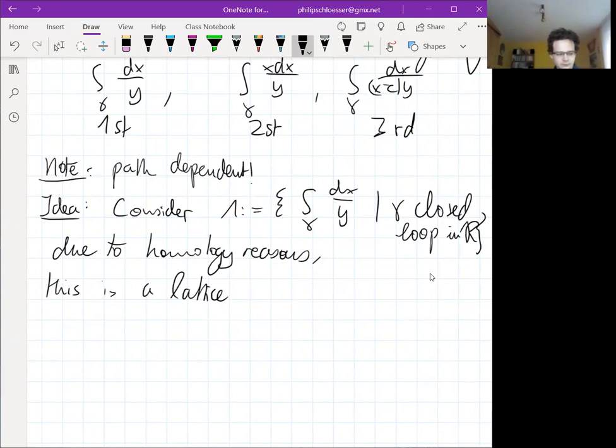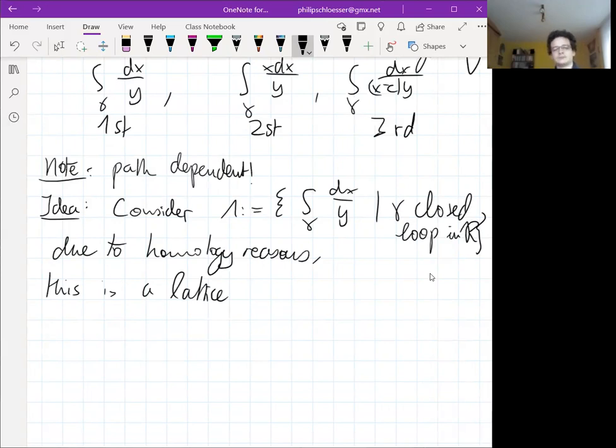meaning, well, this produces a complex number, and we have two linearly independent paths, or two cycles, two one-cycles that are not one-boundaries.